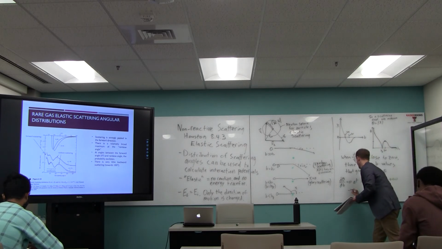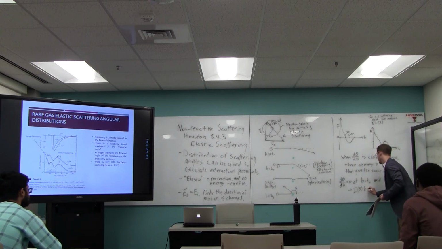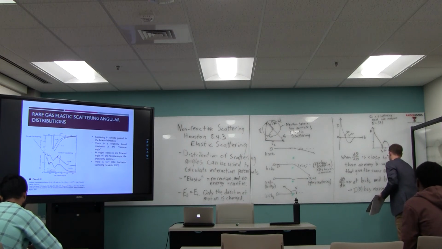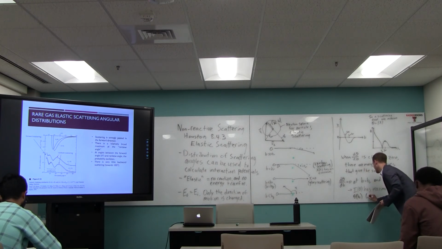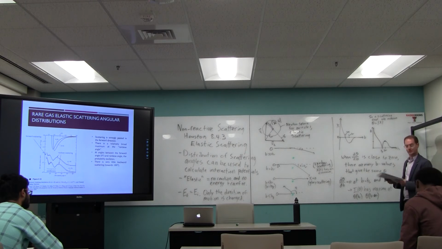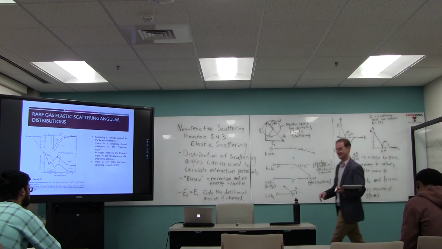So therefore, the intensity as a function of theta, you would expect it to have a maximum, or maxima, at angles corresponding to the rainbow angle and at that angle corresponding to B equals infinity. Okay? Does that make sense?